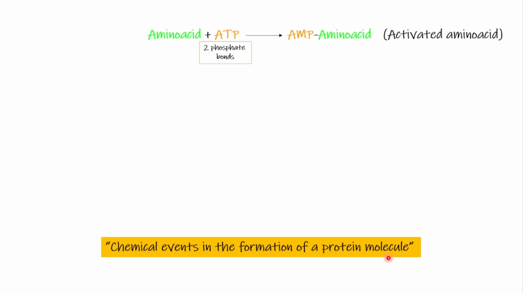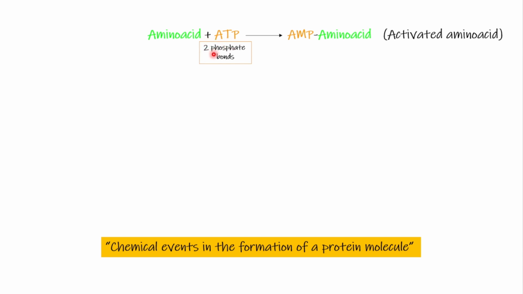So let's discuss that. When these amino acids have to form bonds with each other to form the protein, these amino acids will first be activated. How are activated amino acids formed? Amino acids will be converted into activated amino acids with the help of ATP.